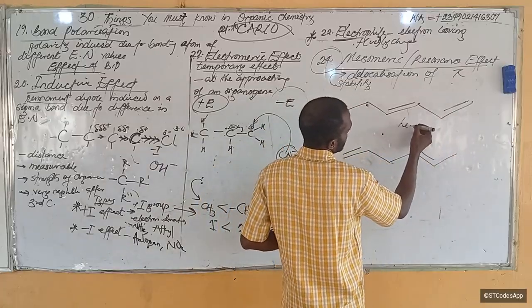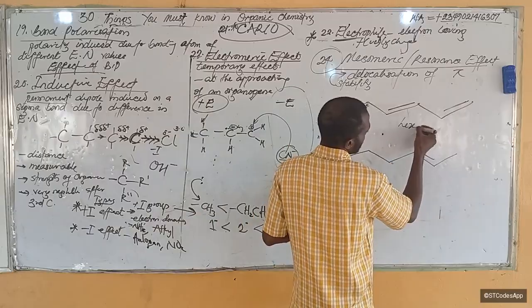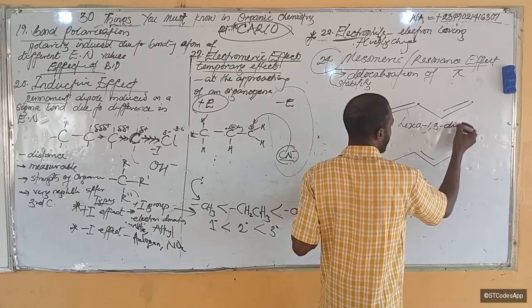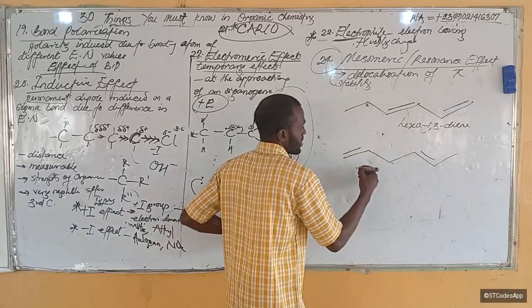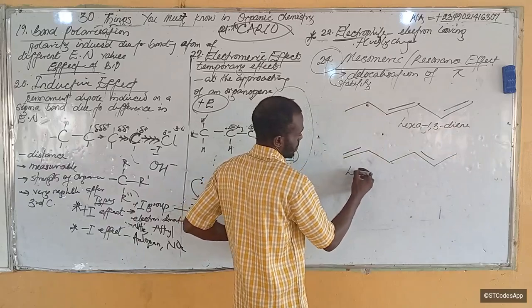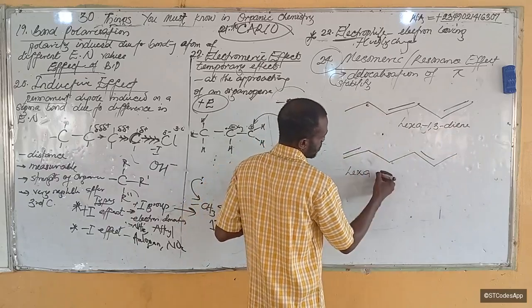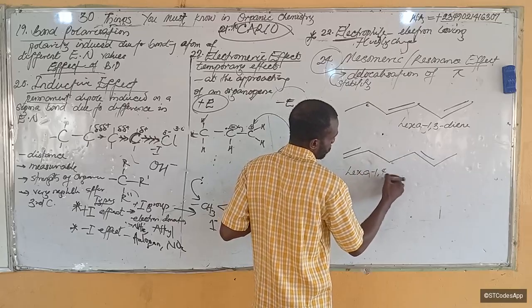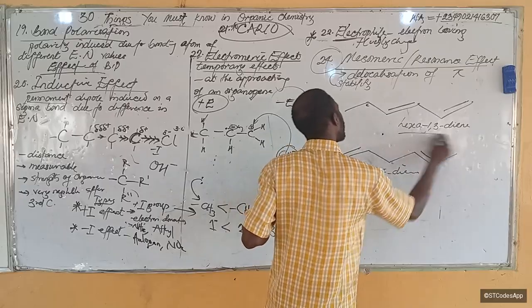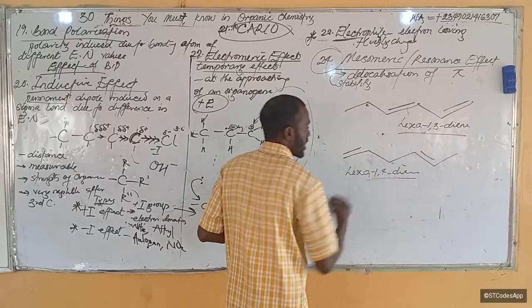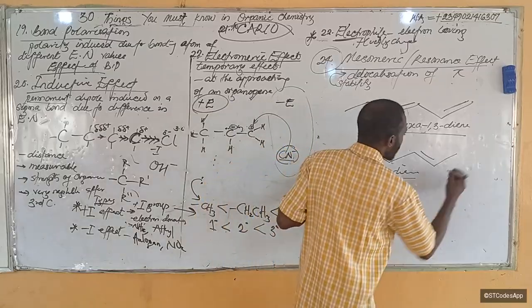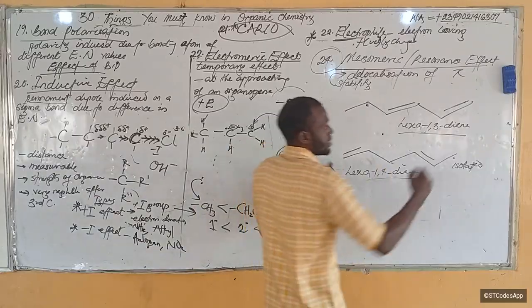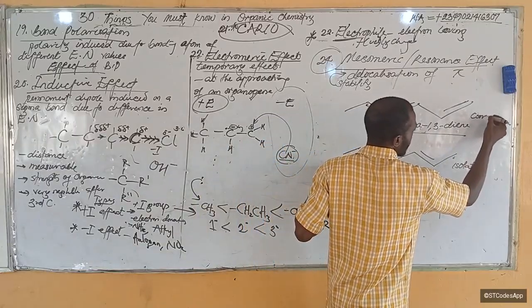This will be hexa-1,3-diene, while this one is hexa-1,4-diene. Hexa-1,3-diene is more stable than hexa-1,4-diene. Why? Because hexa-1,4-diene is an isolated alkene. This one is a conjugated alkene.